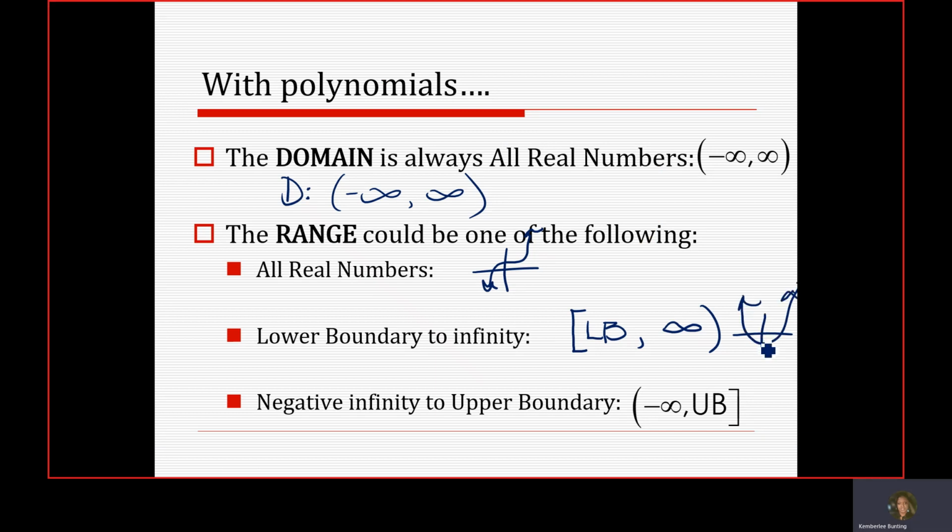It has a lower boundary, LB, and then it spikes up to positive infinity. That's a picture where your range has a lower boundary of whatever number, and it spikes up to infinity. Make sense?